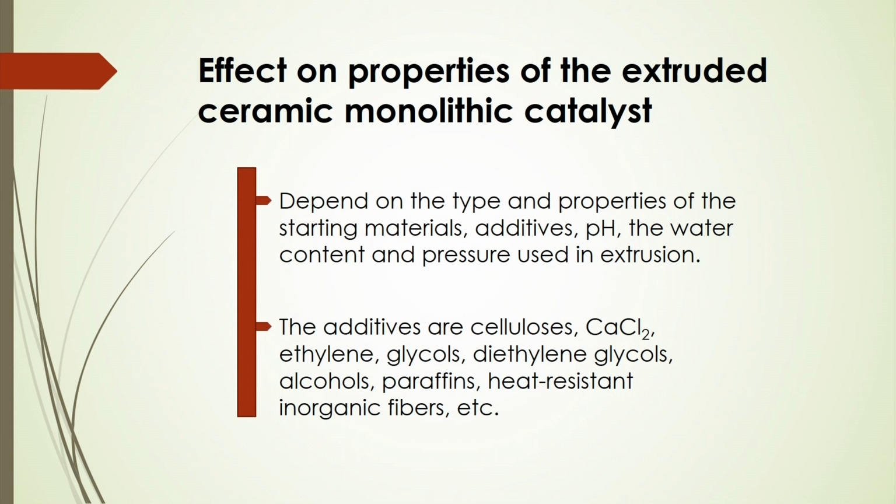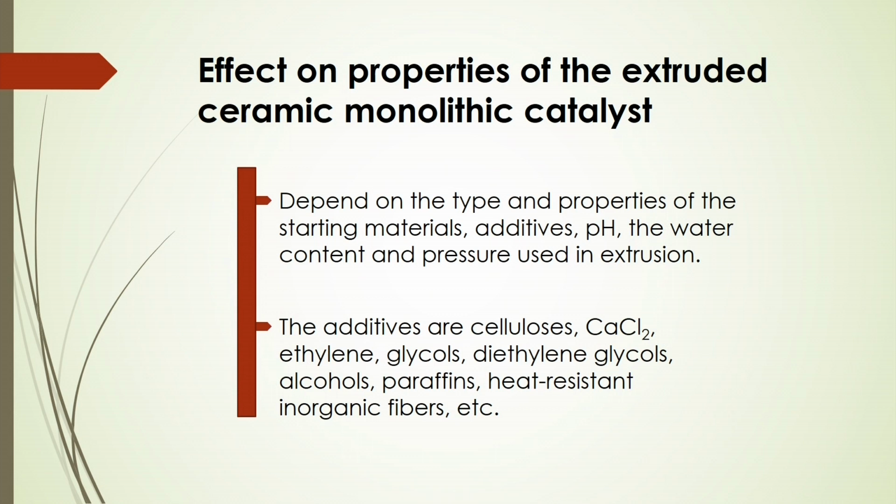That is why you have to maintain a certain pH of that particular medium to make the shape in the extrusion process. And you also have to wisely use the water content, which is very important.